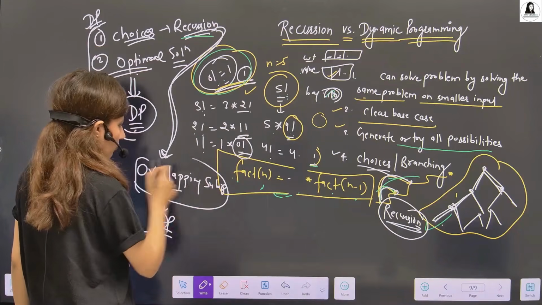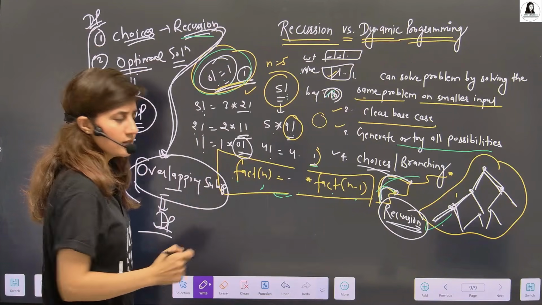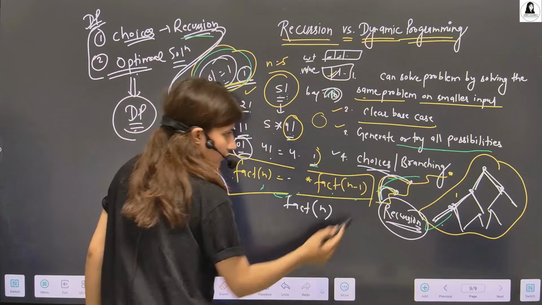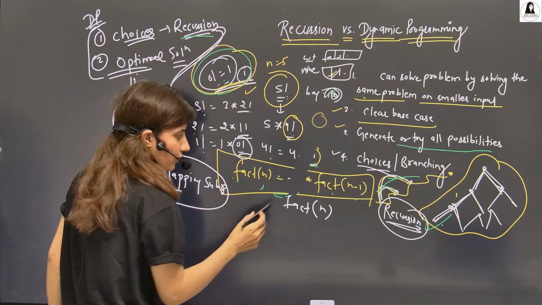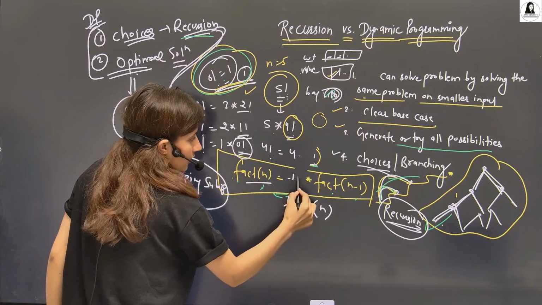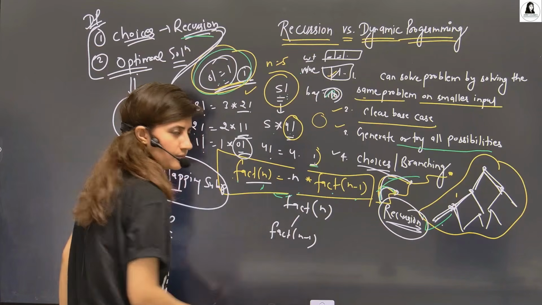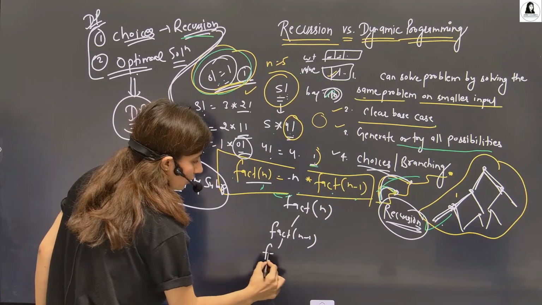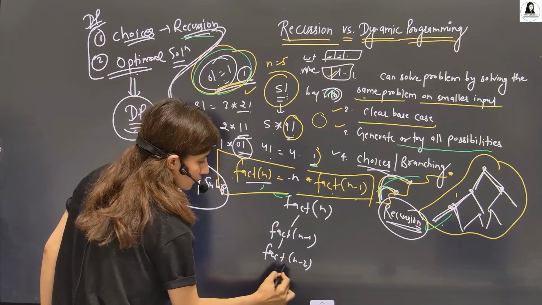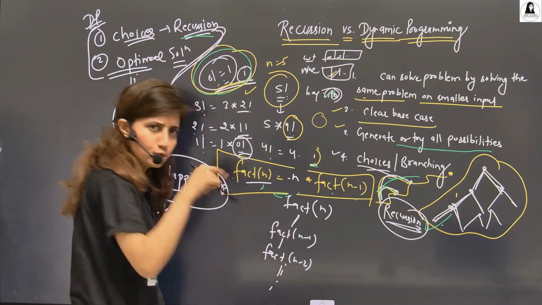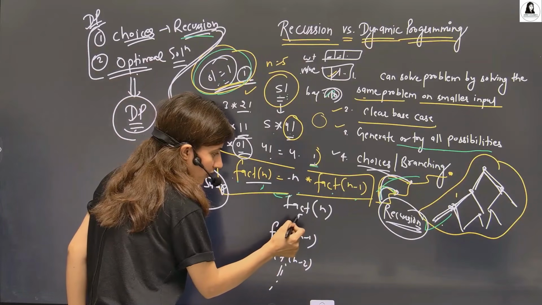There are no overlapping subproblems. If you call factorial of n and generate this decision tree kind of diagram, it's n times fact of n minus 1, then it will call factorial of n minus 2, like this. See, only one side. There is no choice that at every stage I can go here or here.